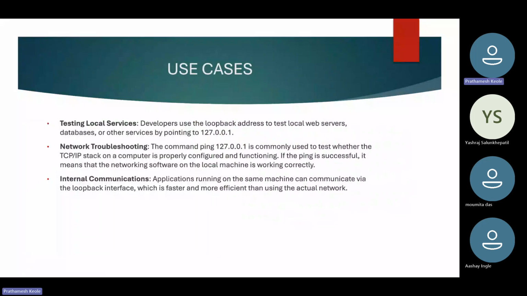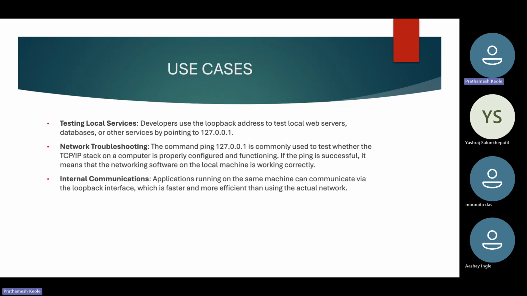The use cases are, we can use the loopback address for testing local services, where we can test local web servers, databases, or other services by pointing to 127.0.0.1. Then we can use it for network troubleshooting.